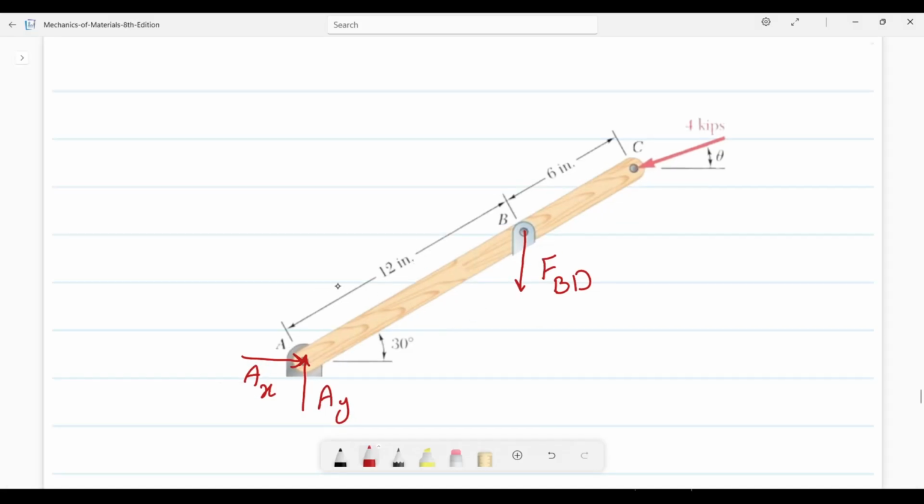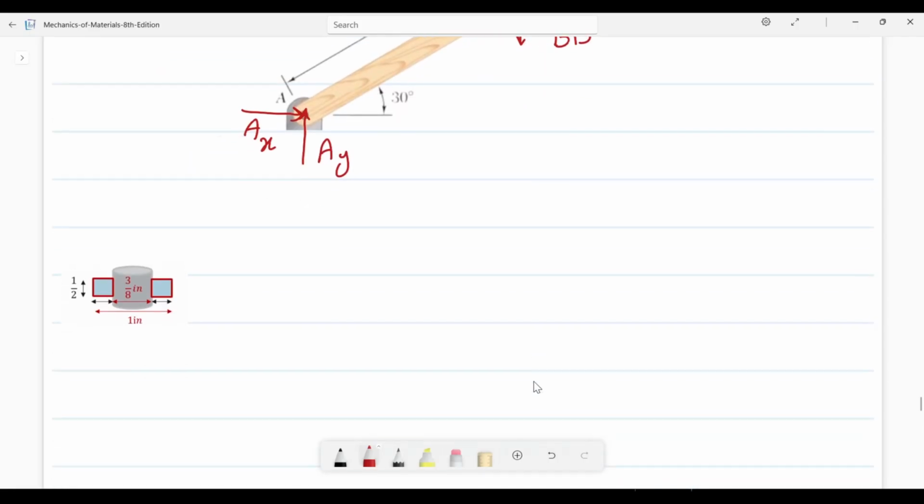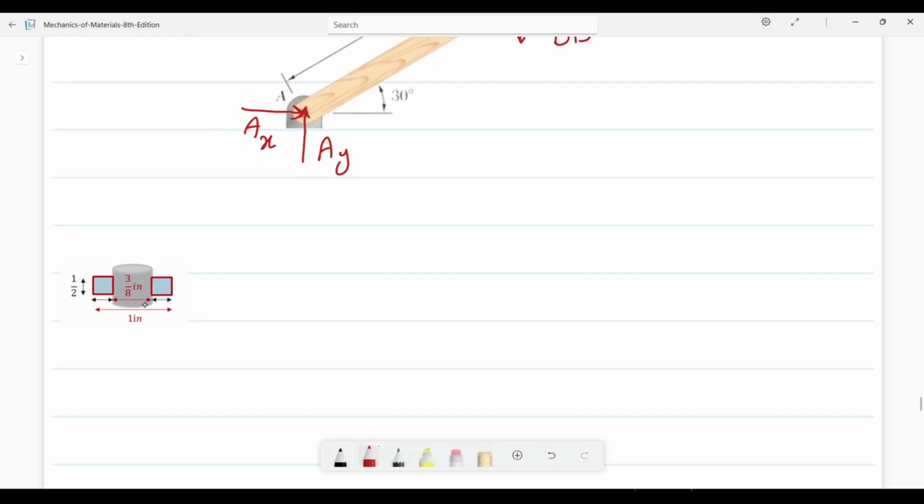Okay, the general equation we have is sigma equal force divided by area, and for the area we have this figure, and we need this part of the area, which is equal to 1 minus 3/8 multiplied by a half.